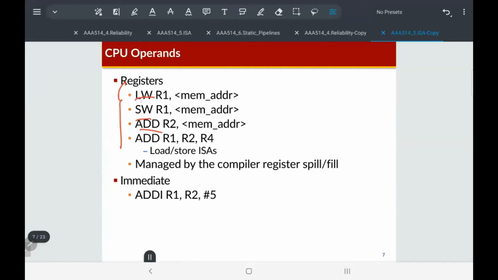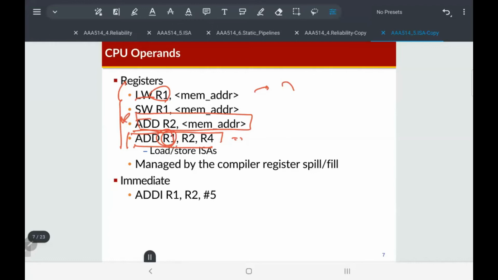If we look at this load instruction, it needs data from the main memory, and then the read data is stored to this destination register. And this add instruction just handles the registers. It takes data from the two source registers and then stores the result to the destination register. So another add instruction is different.